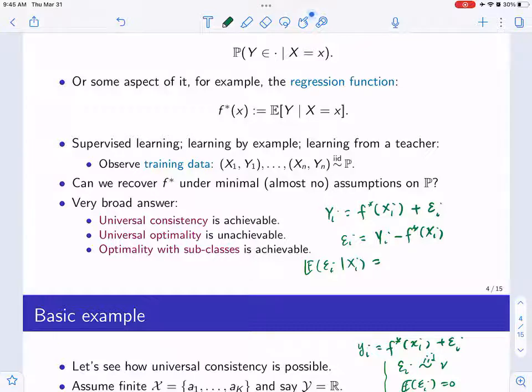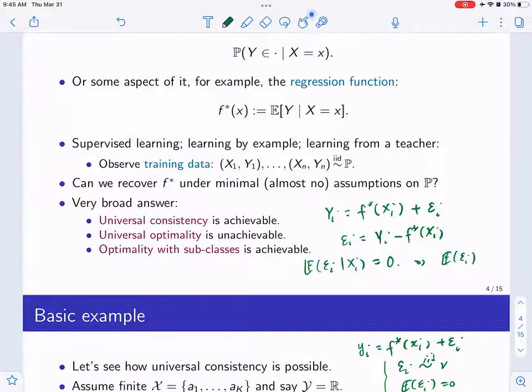Yeah, you get the conditional mean of yi given xi, which is f star of xi, and this comes out of the expectation. So this is 0. And if I take another expectation by smoothing, the marginal expectation is also 0. So these are zero mean.